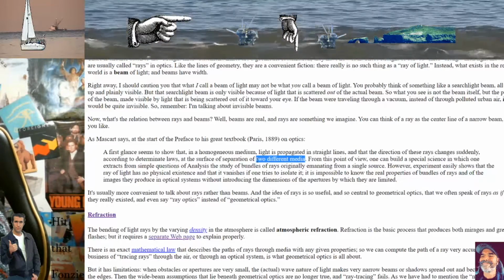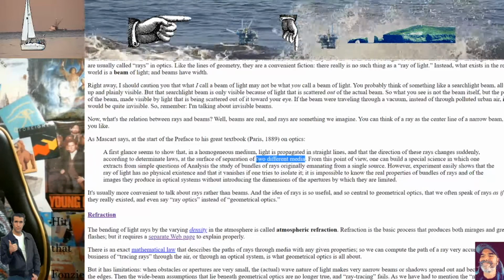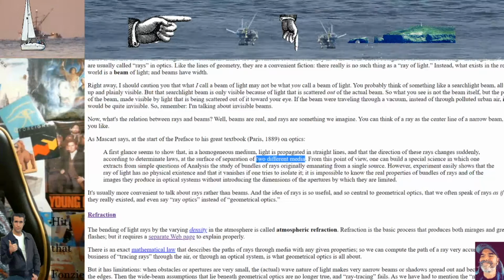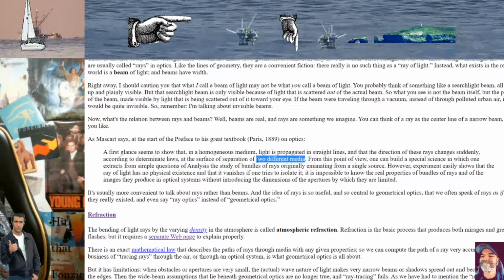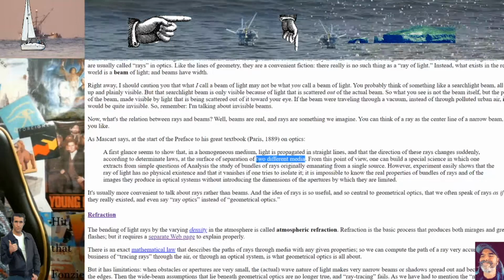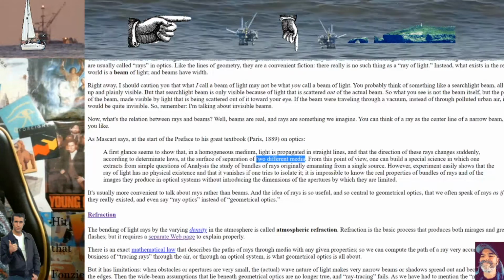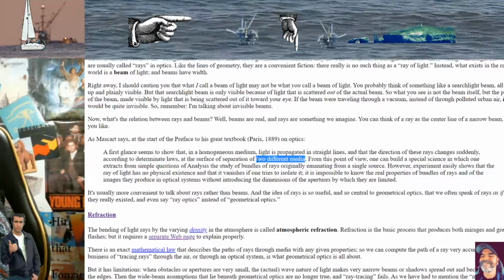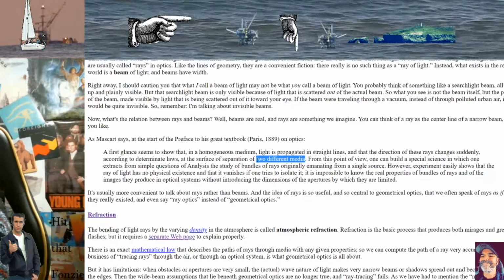Okay? We don't look through two different media. Do you understand that? Looking through the atmosphere across the water into the distance is not like looking down into the water at a trout and trying to throw a spear at it. That is not what we're doing.